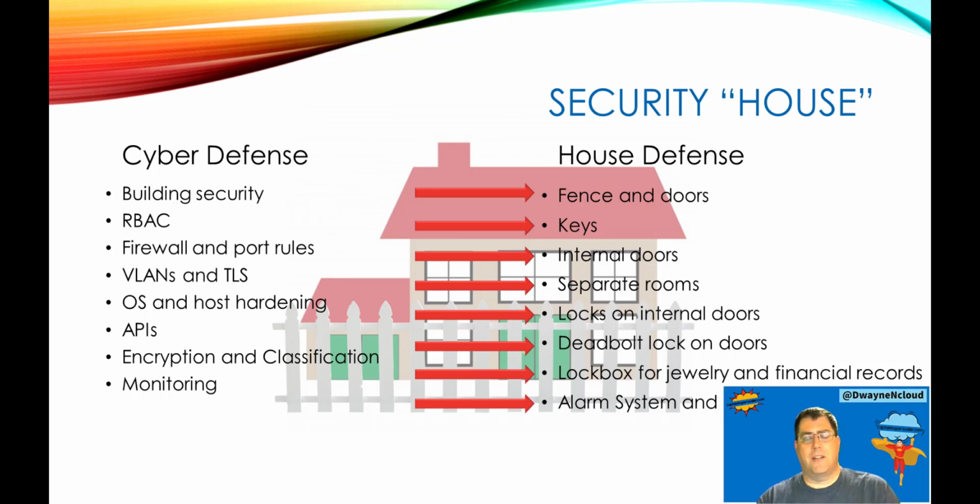For role-based access control, members of the family have keys to the house. For firewalls and port rules, we have different doors within our house that we can lock and isolate our own environments. Same thing with VLANs and encryption, everybody with their own rooms, our own access to those rooms, and that builds our cyber defense house as well.